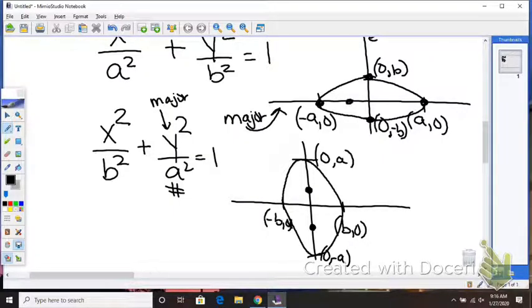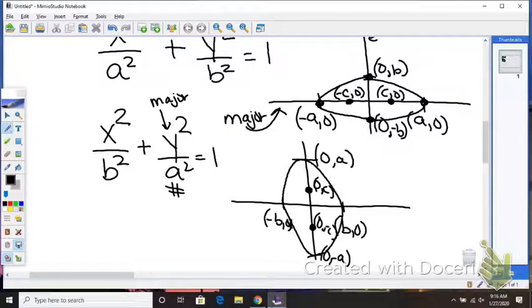In the equation we use the points (-c, 0) and (c, 0). And on this bottom one, it would be (0, c) and (0, -c). Those are your focus points, or foci.